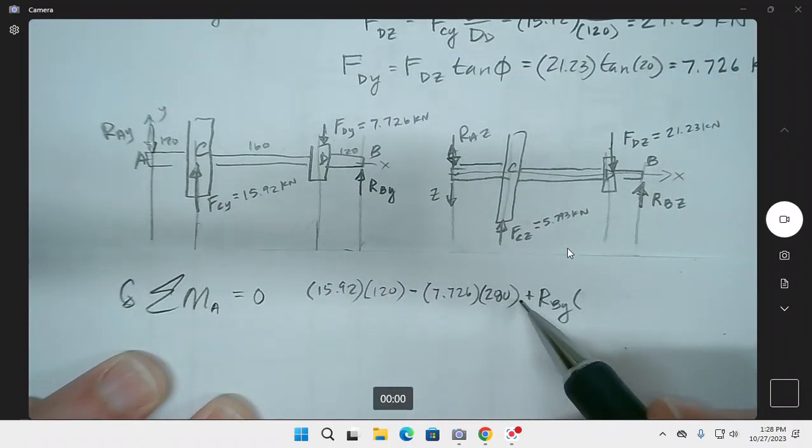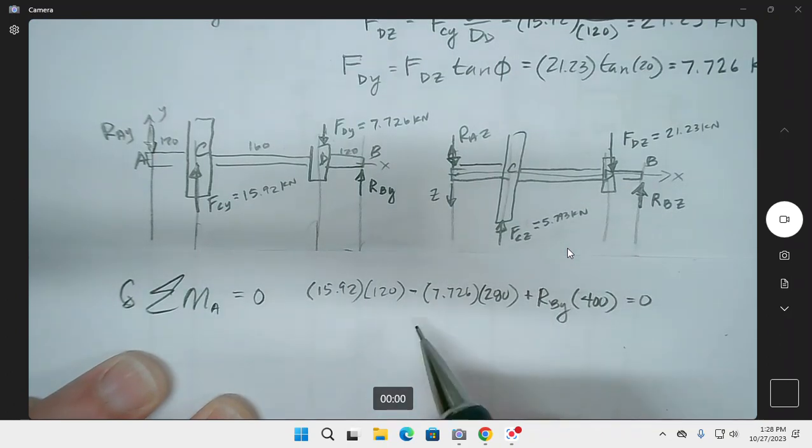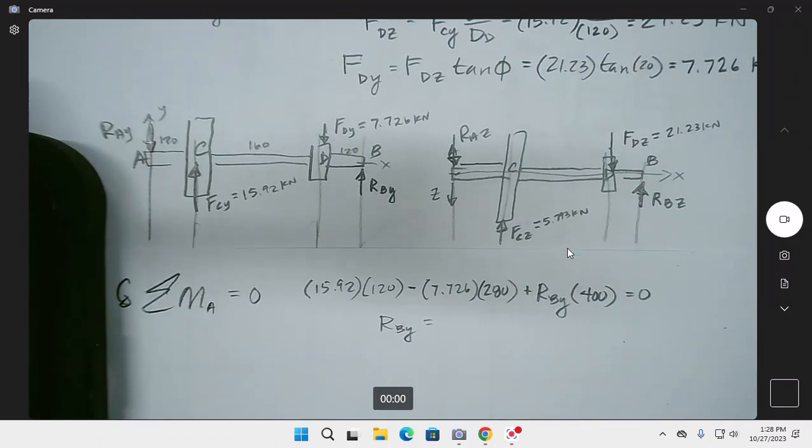So that makes it 300. So is it 400? And RBY is now going to be equal to, I could just read this off the page, couldn't I? 7.726 times 280, subtract it, but it's negative, divide by 400.